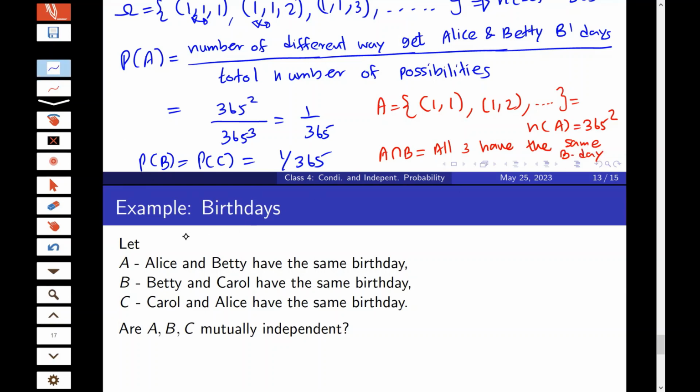So that means the probability of A intersection B is going to be the number of ways that all three have the same birthday, divided by all total possibilities.